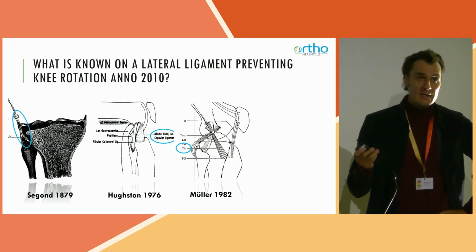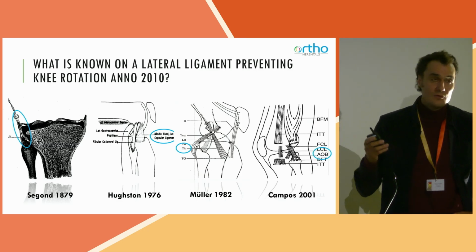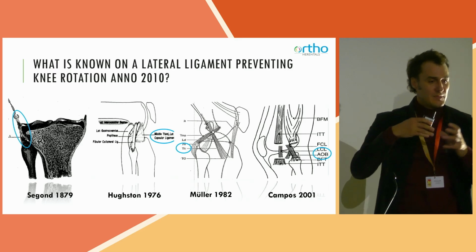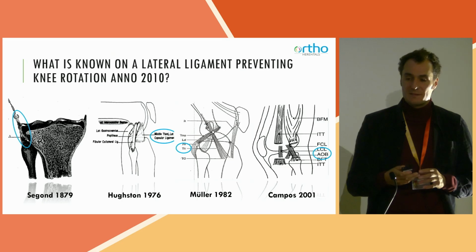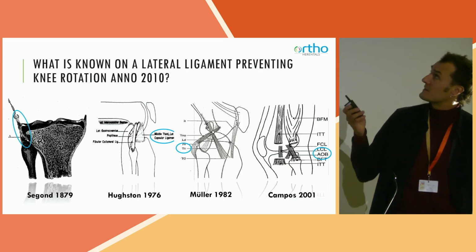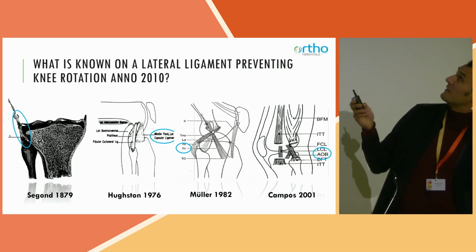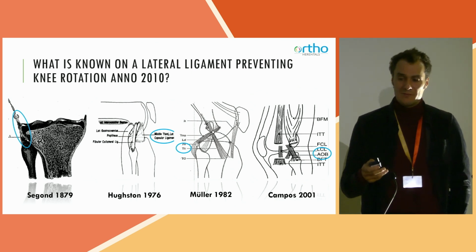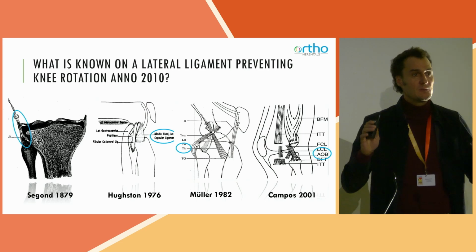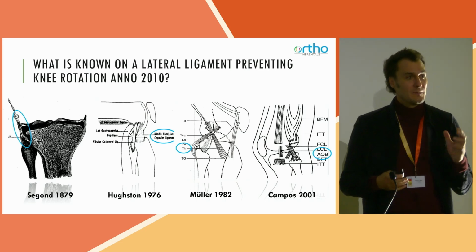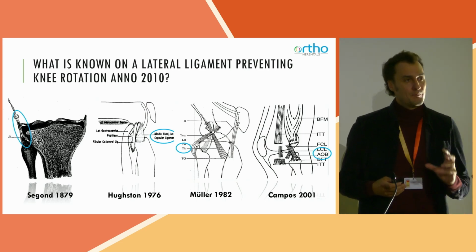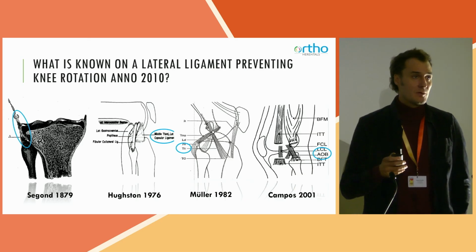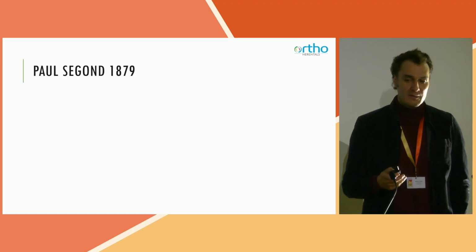Then Müller has a publication in 1982, which is actually a theoretical model of where the ligaments in the knee should ideally be placed. And then finally, there was this very basic kind of drawing, which we found in a publication from 2001. So four publications we could find about some ligament at the periphery potentially controlling rotation, but only drawings, no description, nothing, and nobody actually knew anything about it.